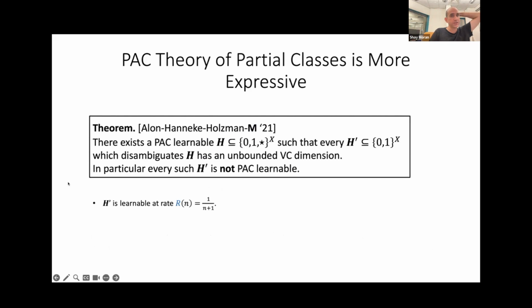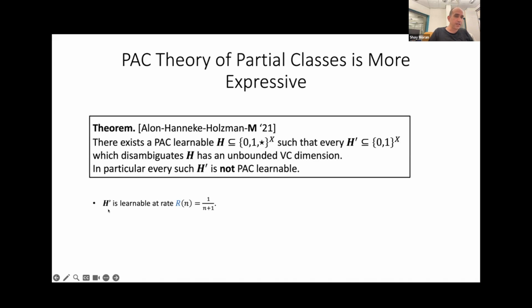And what we showed is that the answer is yes. So there exists a PAC learnable partial class H such that every H prime that disambiguates it has an unbounded VC dimension. And since we know that VC dimension characterizes learnability in the total world, then every such H prime is not PAC learnable.